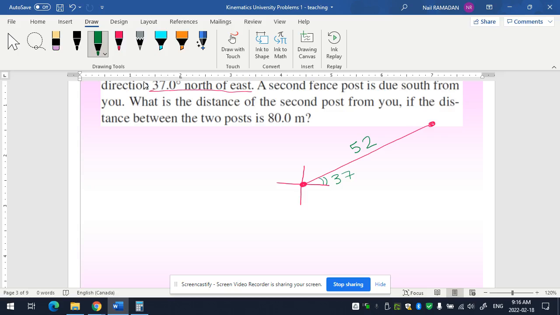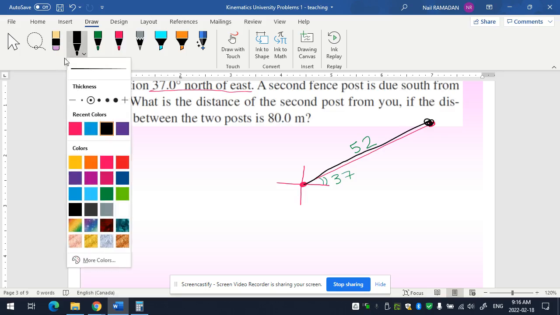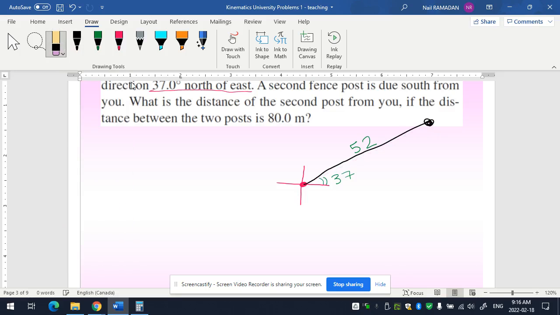All right. Where is the other fence post? Where is it direction-wise? South or behind me. So that means it is right here. Actually, I'm going to use black for the edges. Give me 1 second. Yep, there we go.